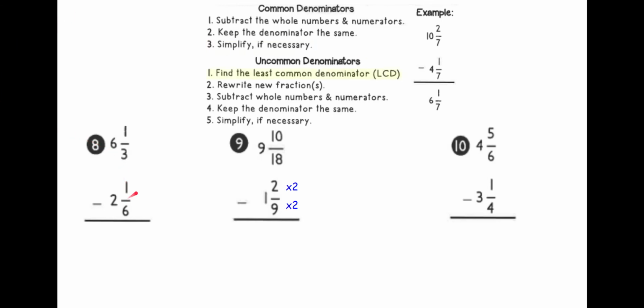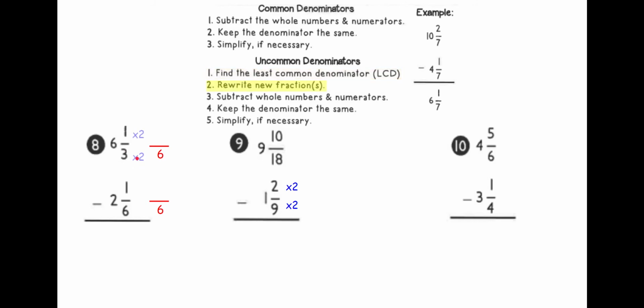So let's take a look at number 8. We have 1/3 and 1/6. We do not have a common denominator, so we are going to look at our second set of steps. Find the least common denominator, or the LCM, least common multiple as well. The least common multiple is 6. So how do I get 3 to turn into 6?